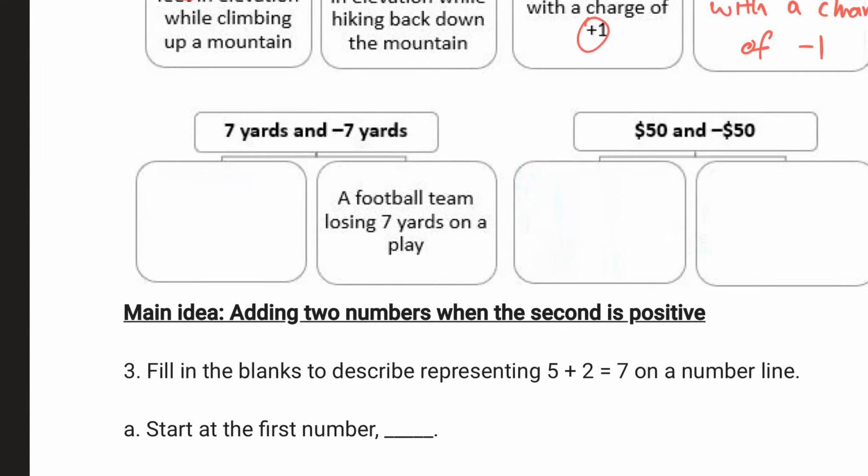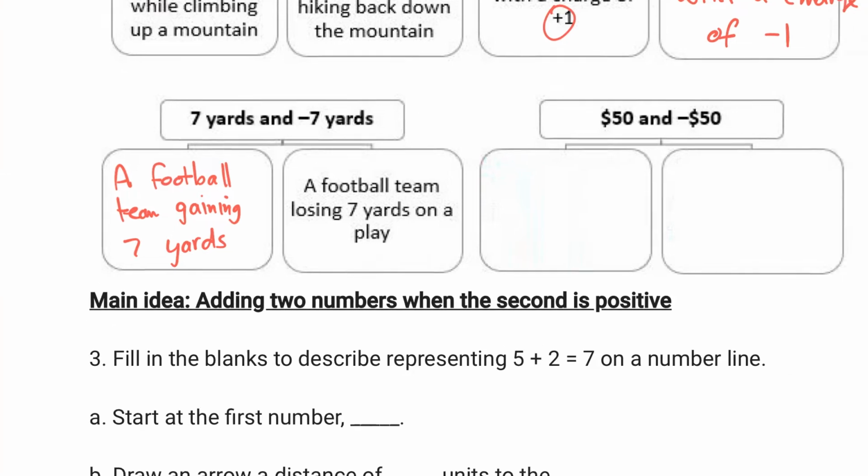Next up, for yards, we could have the situation of +7 yards and -7 yards. So this one could be for +7 yards, a football team gaining 7 yards. So gaining versus losing, once again, positive versus negative.